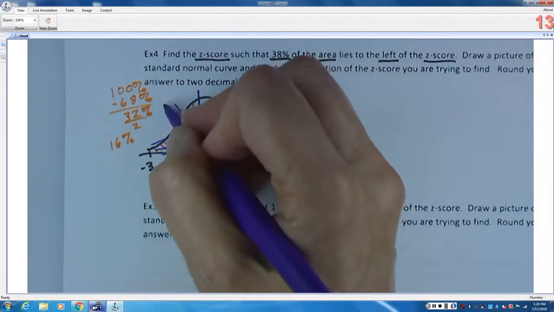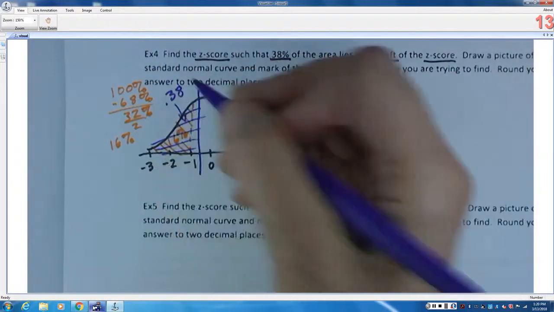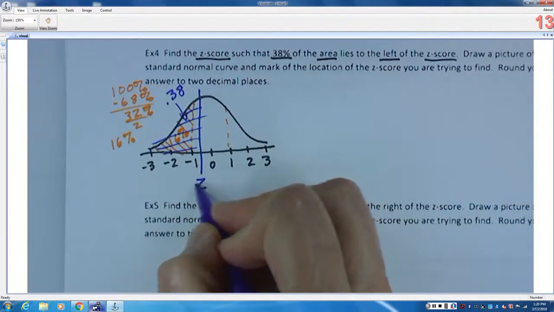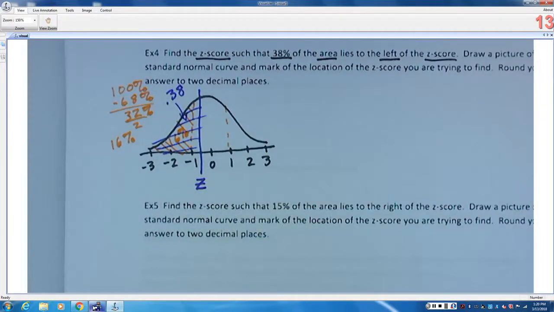It's giving us an area, 38% or 0.38, and it's asking us for a z-score. They gave us an area to the left. That's why we started on the left. Using the empirical rule, 100% of the data is between negative infinity and infinity, 68% here, which leaves 32 for the two tails, 16% each. So we had to be a little further over.